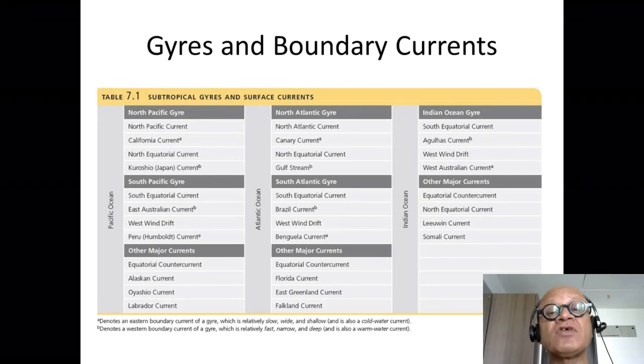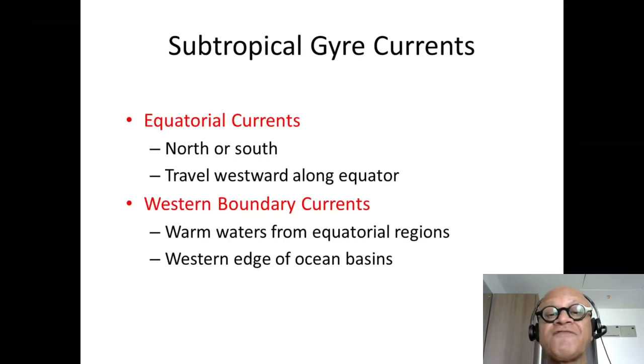So these make for some very specific features. So equatorial currents are north and south of the equator, and they travel westward along the equator driven by trade winds.